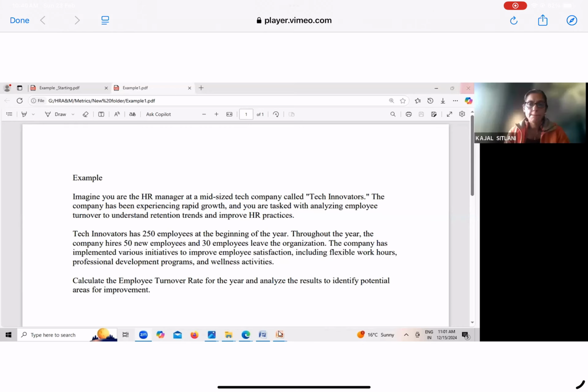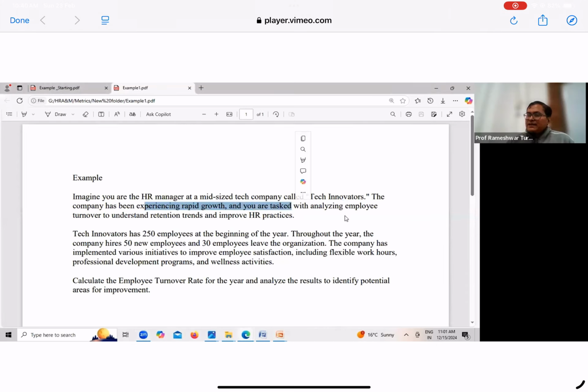Yes, sir. There is a company called Tech Innovators. It has been experiencing rapid growth, and you are the HR manager there, tasked with analyzing employee turnover to understand retention trends and improve HR practices. It has 250 employees at the beginning of the year. Throughout the year, 50 employees have joined and 30 employees have left the organization.